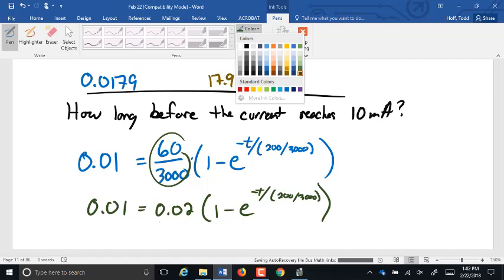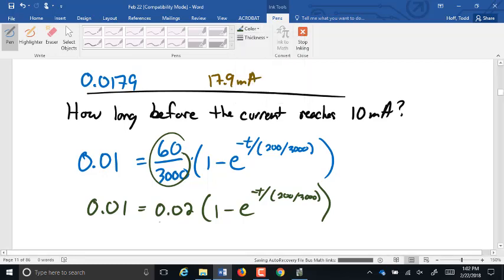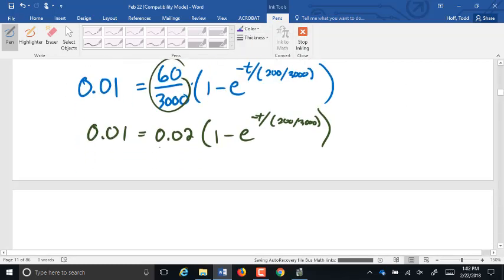Then what? Get rid of my 200s. So that becomes 0.5. I can get rid of my parentheses over here now, so it's 1 minus e to the negative t over 200 divided by 3,000.